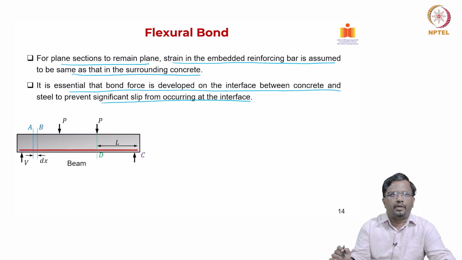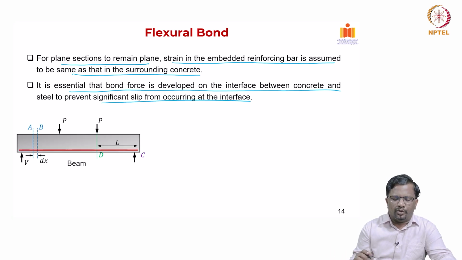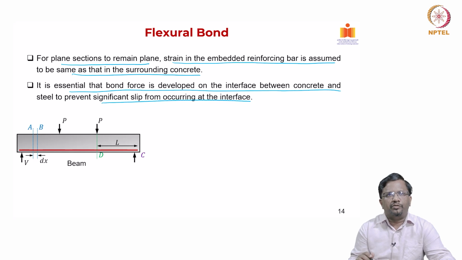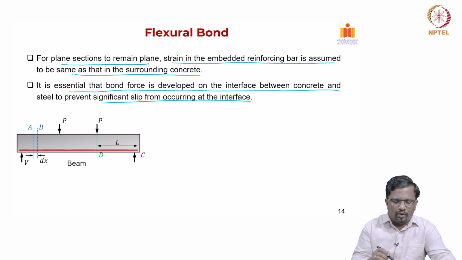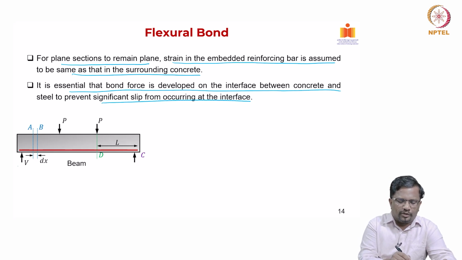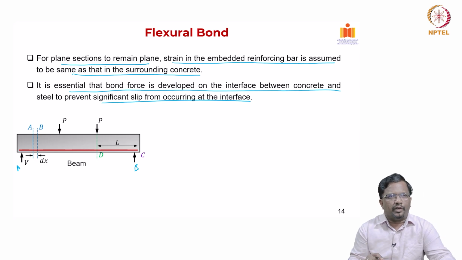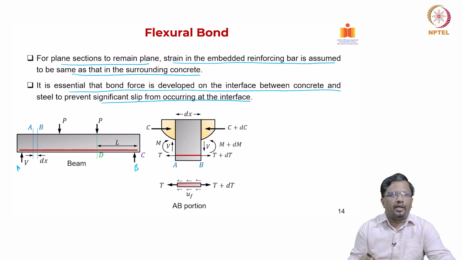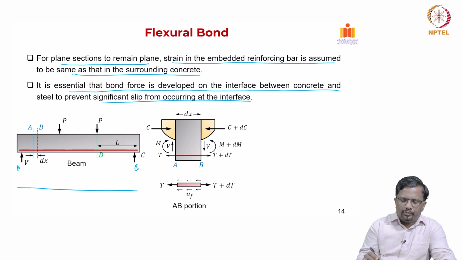This is a simply supported beam with a two-point load, as you can see. If I take a small region close to the support, let us say between support A and B, two sections, section A and section B, and look at the internal forces, you know that for this particular beam the bending moment is like this.